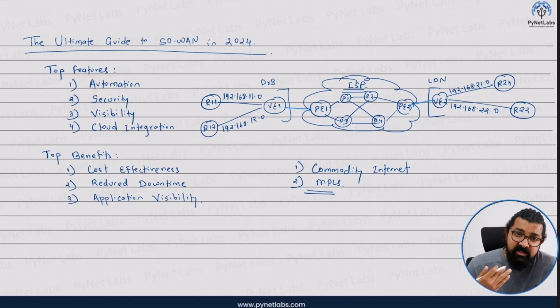Whenever an organization looks forward to onboard a new site or to deploy a new site, then the organization has to ship the infrastructure to that particular physical location. The organization also has to ship their employees or their engineers or technicians who are going to be responsible for onboarding the WAN infrastructure or the connectivity of that site.